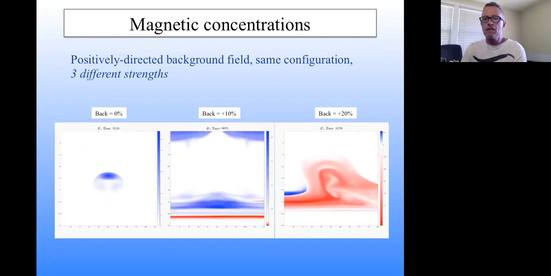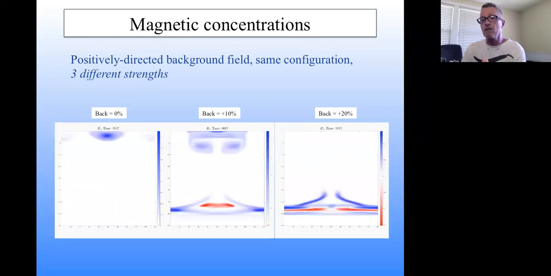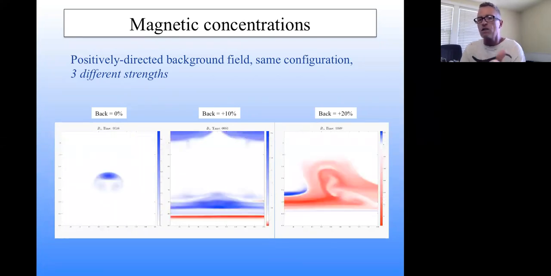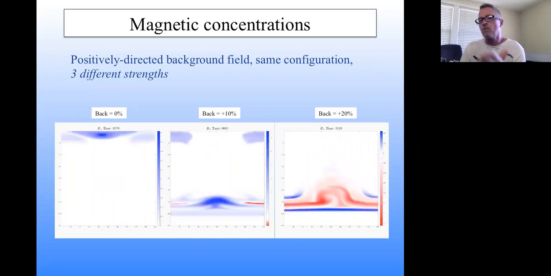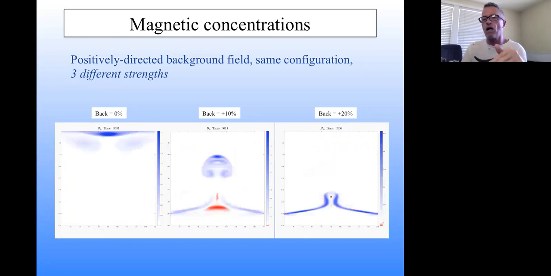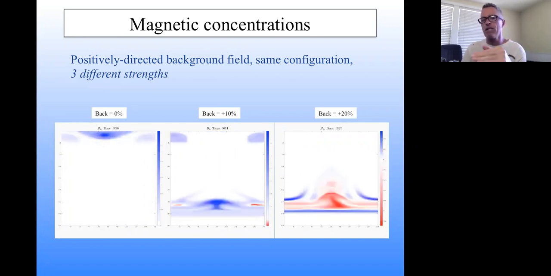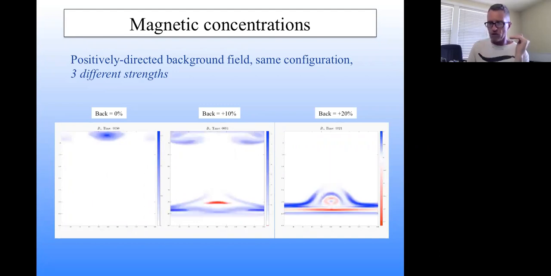And the middle one, it rises a little differently. And on the right one, where the background field strength is 20% of the peak flux tube strength, which is not a lot, but is considerable, then it doesn't rise at all. So you can completely kill the rise of a flux tube by having background field in there. So that's a very interesting result in the first place.